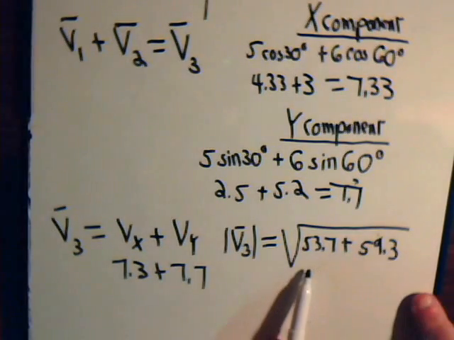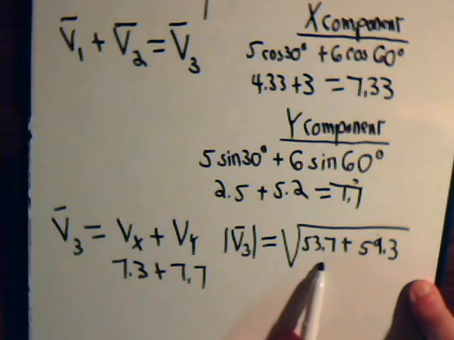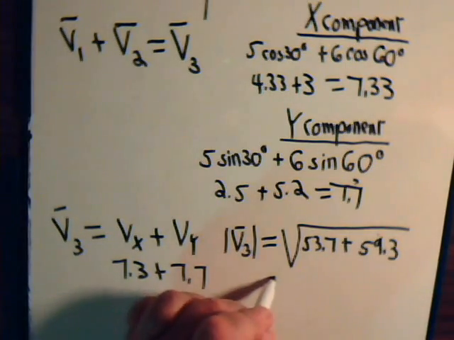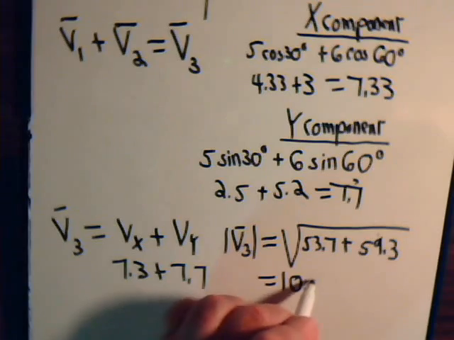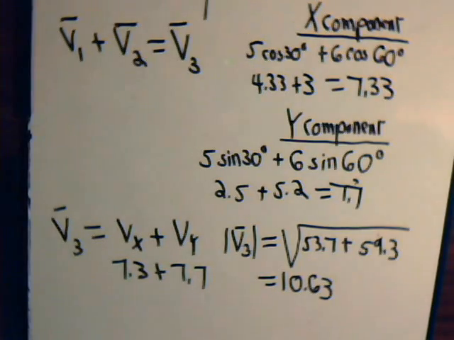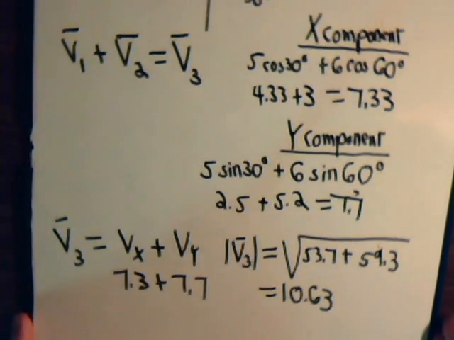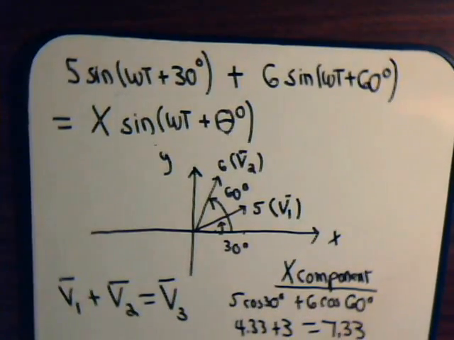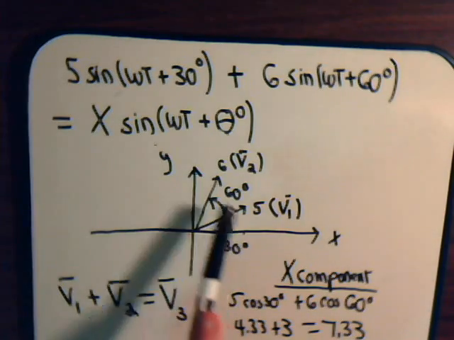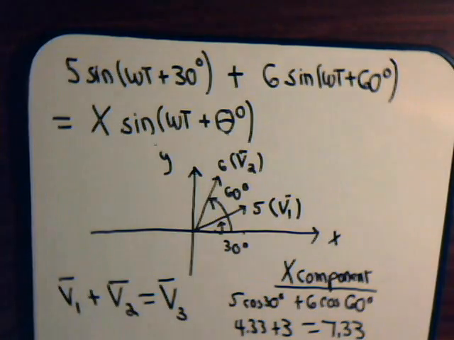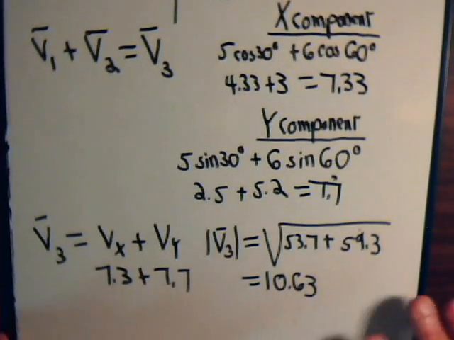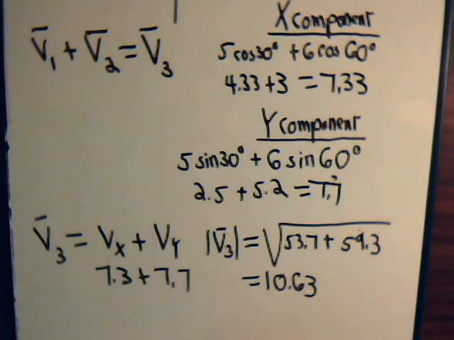And then add these together and take the square root. This is like the square root of 113. That's like 10.63. So going back to our diagram, adding this vector plus this vector gives us another vector. Its magnitude is 10.63.